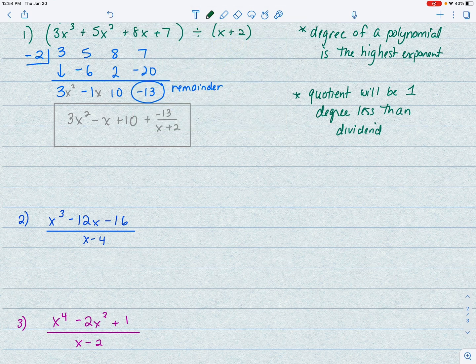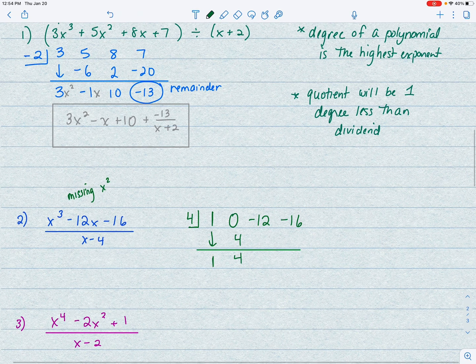All right, the next one, we're going to start with a 4 out here because it's the opposite of what you're dividing by. But now we are missing an x squared term. So you have to put a 0 there. So we have 1x to the third, 0x to the second, -12x, -16. Bring down the 1, multiply. 1 times 4 is 4, add 4.